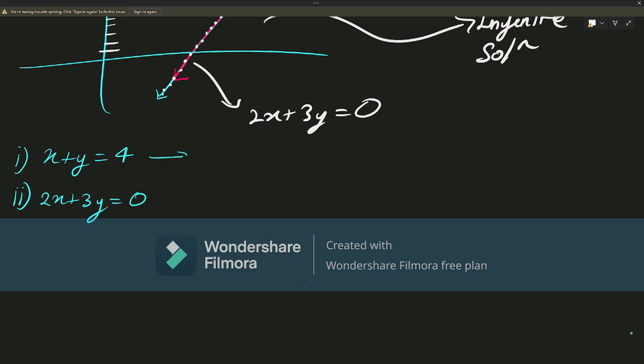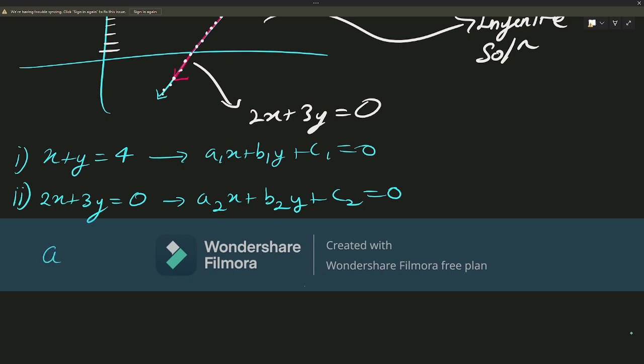Let's write the general form. A1x plus B1y plus C1 equal to 0. Second is A2x plus B2y plus C2 equal to 0. Now, in order to tell whether they are intersecting, parallel or coincident, we're going to take A1 upon A2.